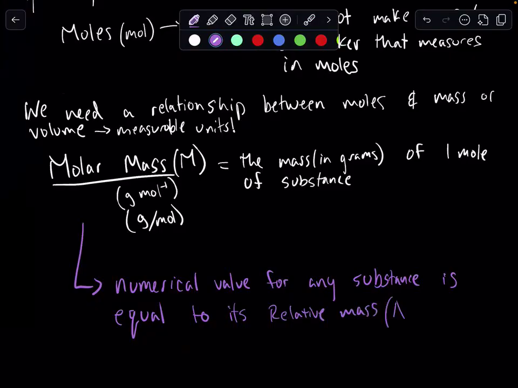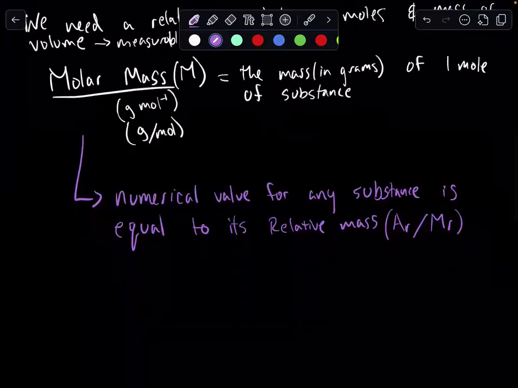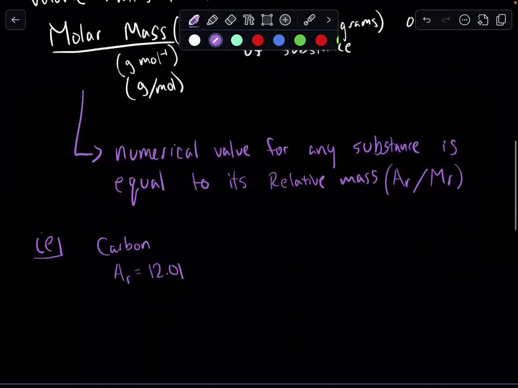What I mean is either its relative atomic mass or if it's a compound, its relative molecular mass. So what does that really mean? Well, quite simply, if we take the example of carbon, carbon has a relative atomic mass of 12.01 as seen in the periodic table. Remember that comes from the average mass of isotopes.